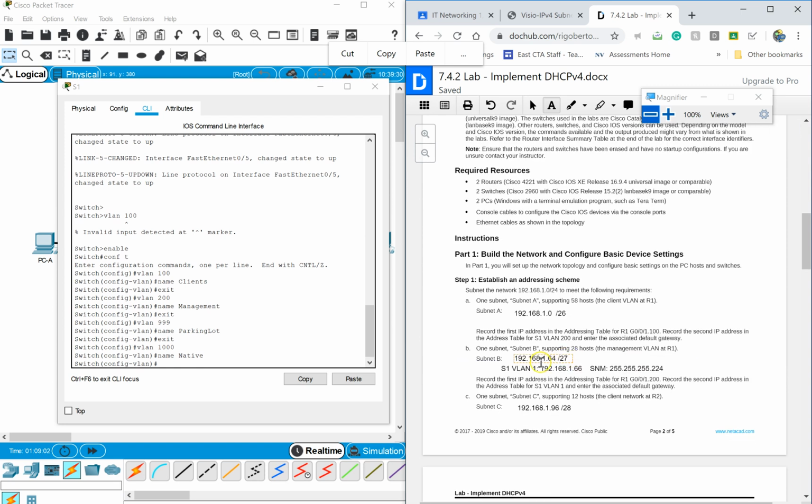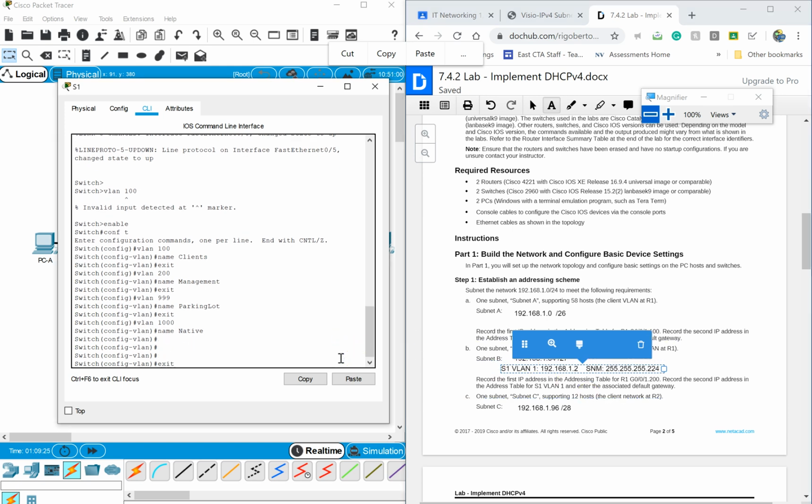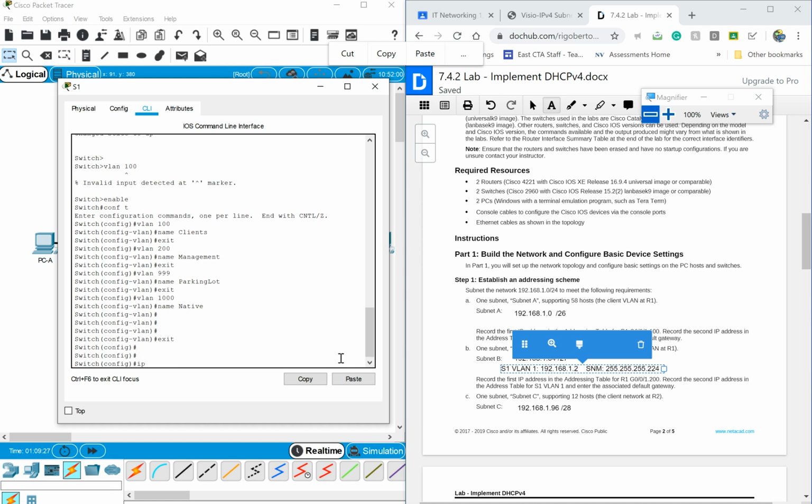When we said right here that we record the second IP address in the address table for S1, I'm still kind of worried about that one. It's supposed to be in the 200 VLAN, but we're going to leave it at .2 and see how that works out.